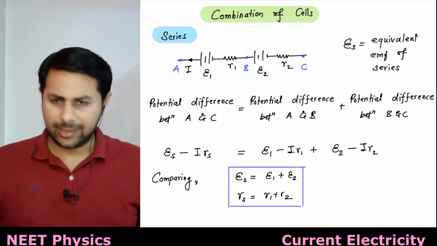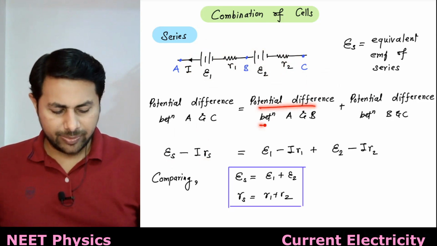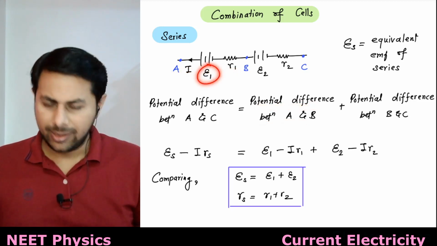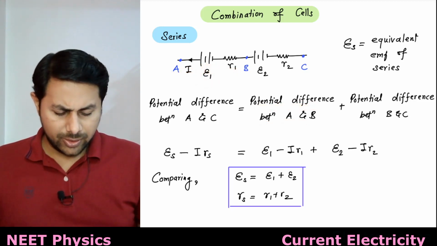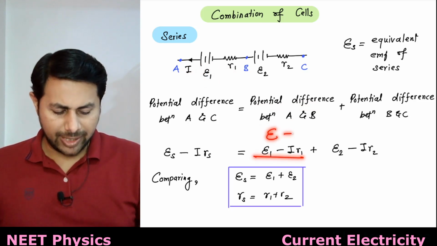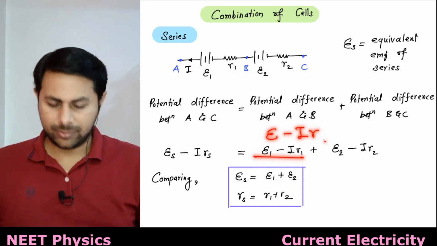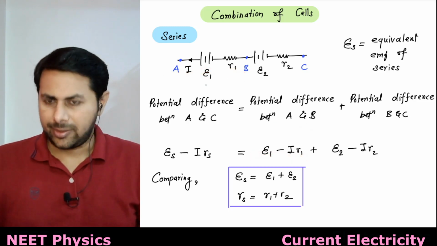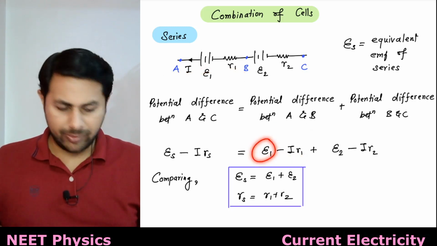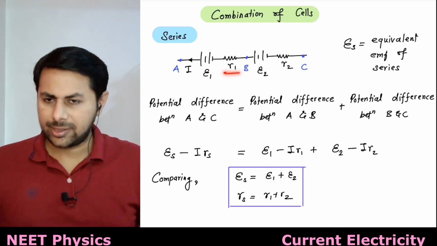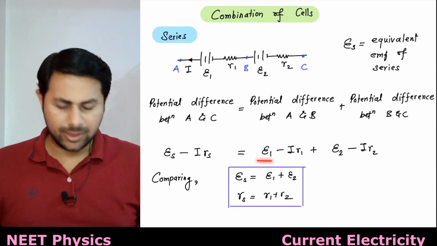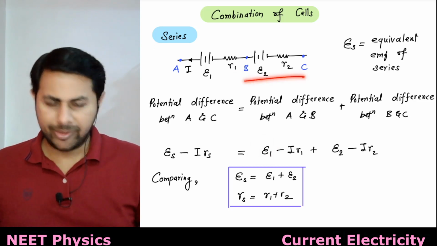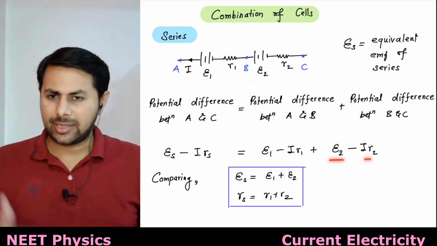And that can be written as the potential difference between A and B plus that between B and C. Between points A and B there is only one cell, the first cell, whose EMF is E1 and internal resistance is R1, so the potential difference is E1 minus I into R1, and the potential difference between B and C is E2 minus I into R2.